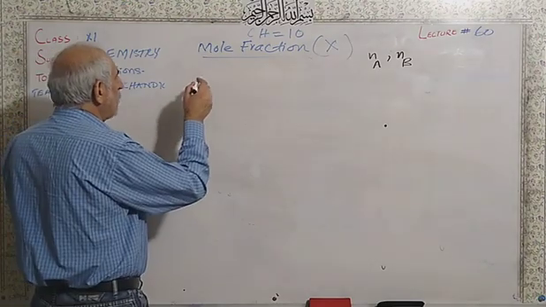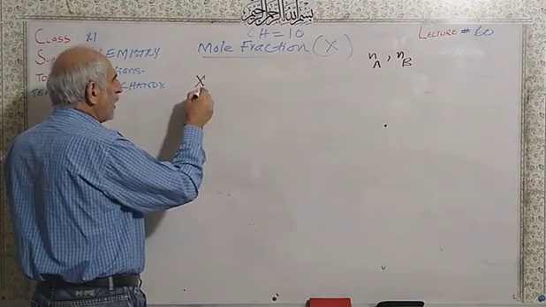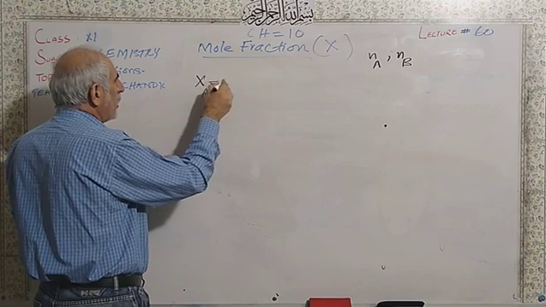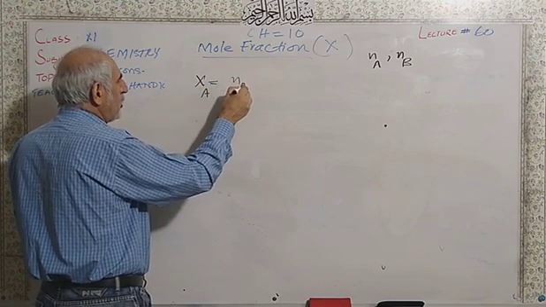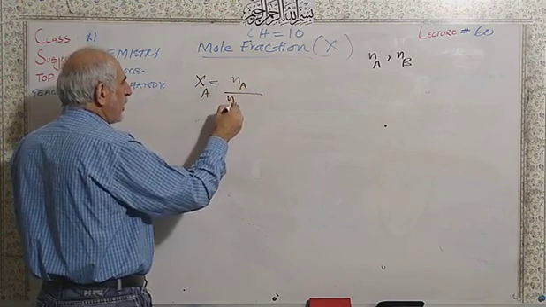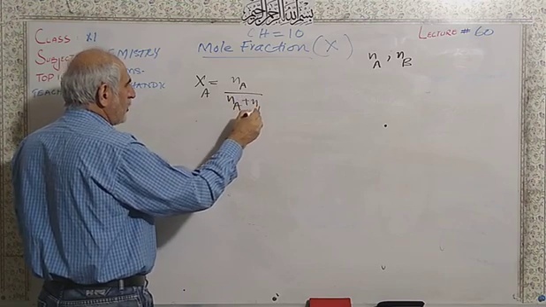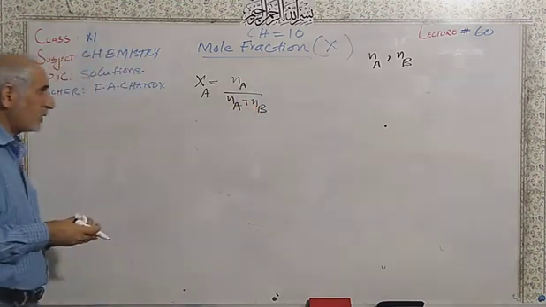So how do I calculate the mole fraction? So mole fraction of A solute, number of moles of solute divided by number of moles of solute plus number of moles of solvent.